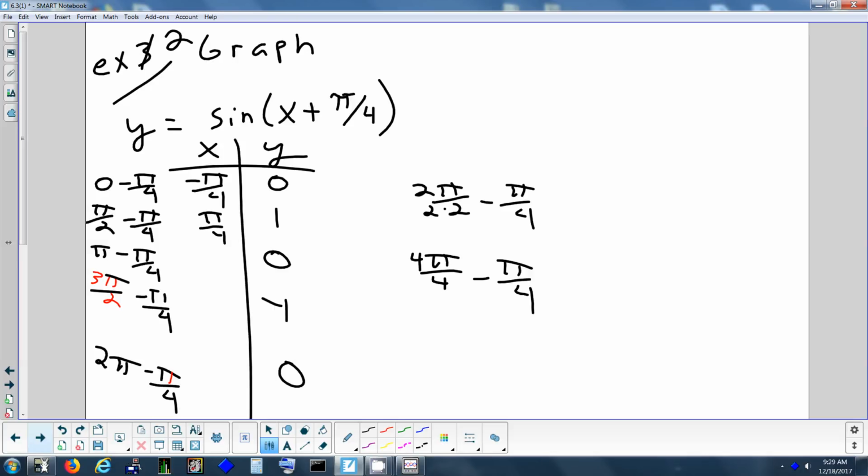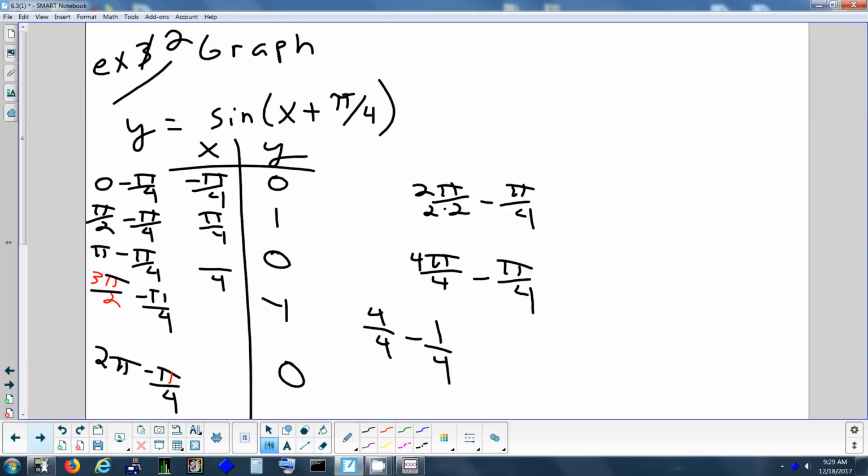Megan? Well, it still has a denominator of 4, right? It's kind of like just doing 4 over 4 take away 1 over 4. 3 pi over 4.